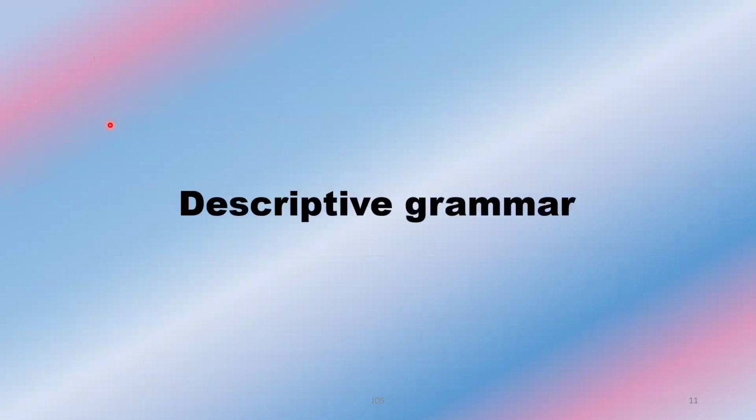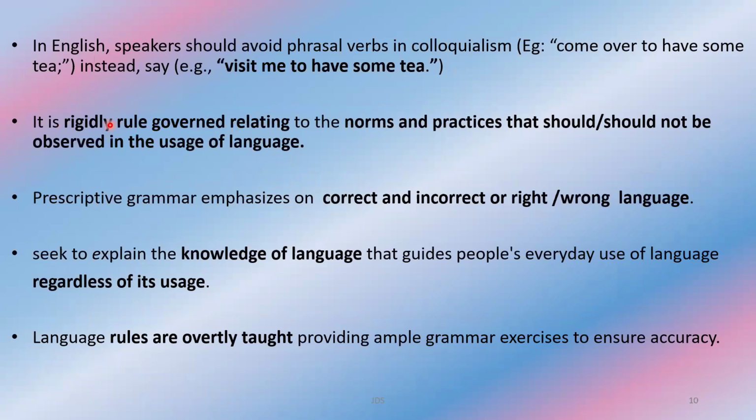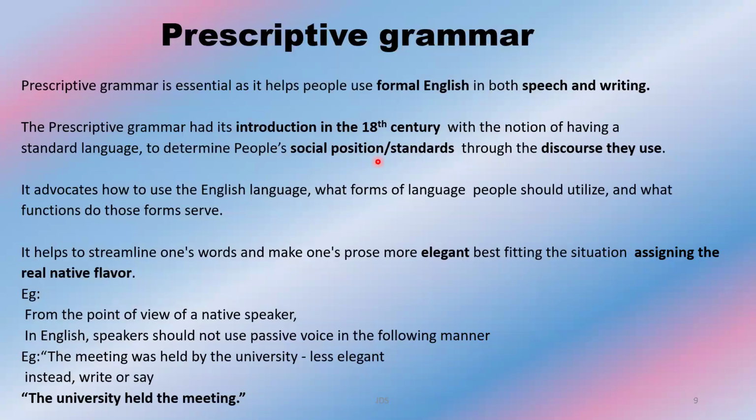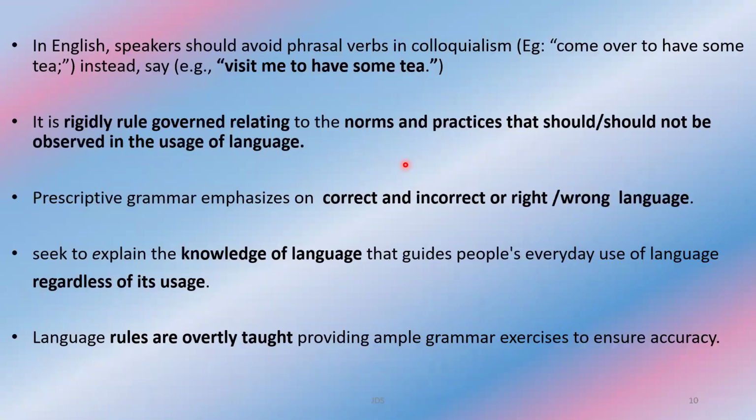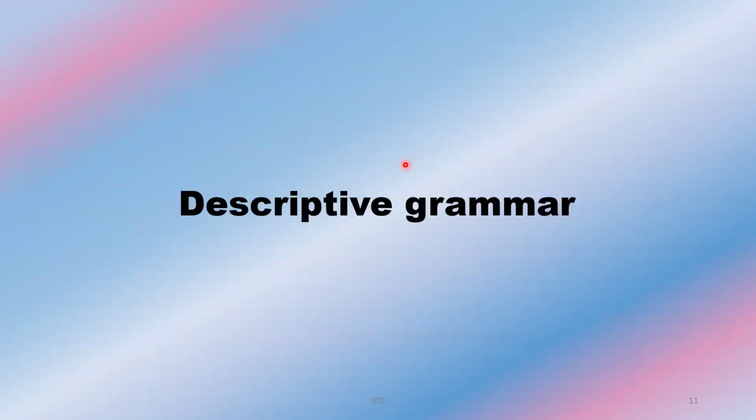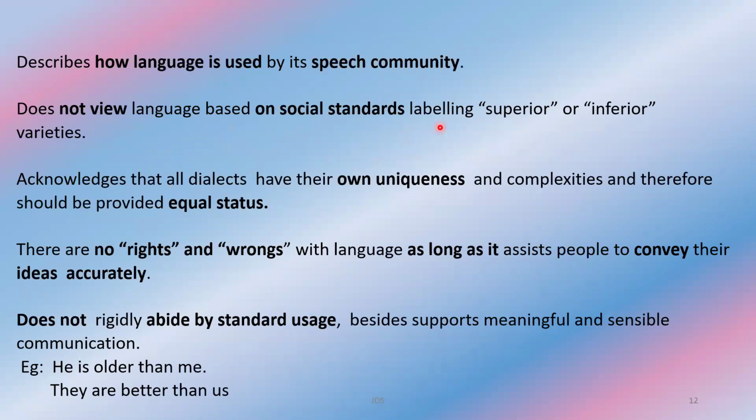Now here we had under prescriptive grammar social classes emerging based upon how they use the language. That led to the emergence of different social classes and different social groups in society. But here, it is not labeling the people who are handling the language very perfectly as superior and the others as inferior.